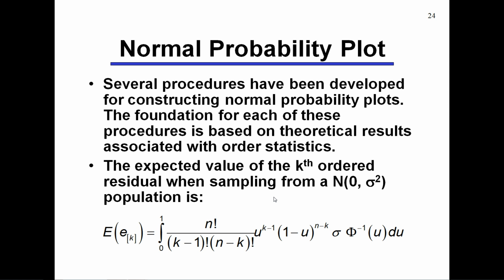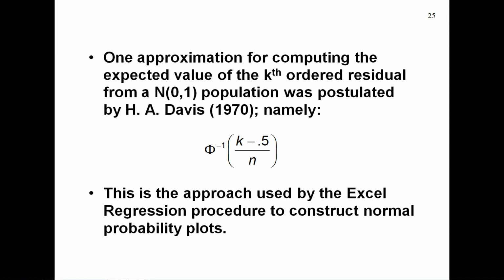computation. That is, the expected value of the kth ordered residual is what you see on this slide, where phi is the CDF of the standard normal distribution. And no one wants to do this integration. At least I don't. And there are a number of approximations that have been generated.